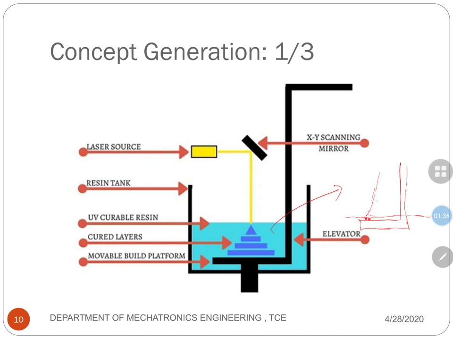The laser is adjusted by the scanning mirror, so that after a particular time the resin over this part gets hardened. Then the elevator is brought down, and the second layer is hardened. Such a process is used in this concept, which is an inverted stereolithography printing method.